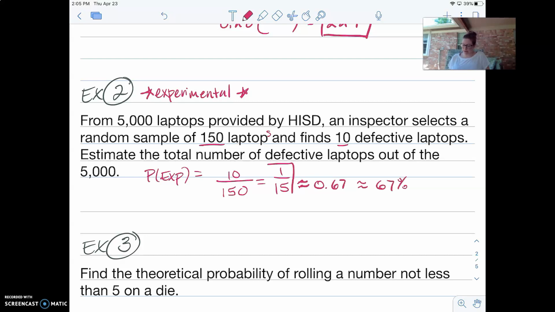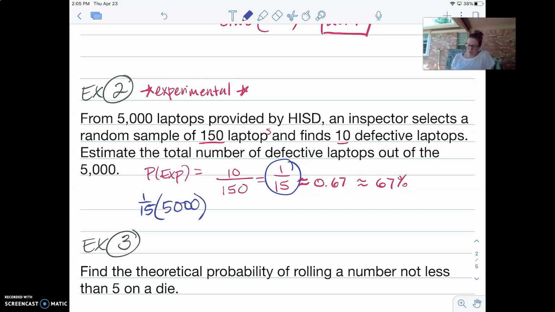I'm not quite done, though. That's not my final answer, because it wants me to then take that percentage or that fraction and estimate the total number of defective laptops out of the 5,000. So then I'm going to use this fraction, 1/15, and multiply it by 5,000.